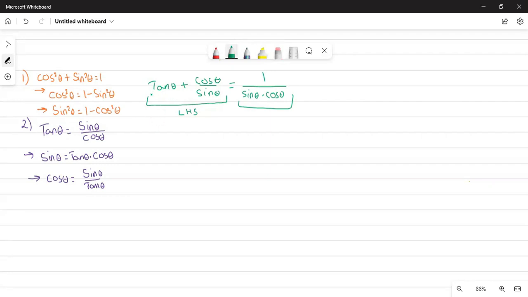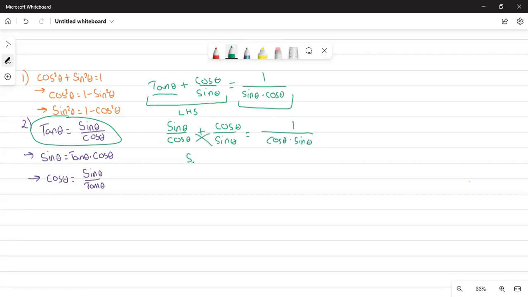So we know that tan theta, we can write it as sine theta by cos theta using this identity. So we can write sine theta by cos theta plus cos theta by sine theta equals 1 by cos theta times sine theta. Now we can cross multiply this.